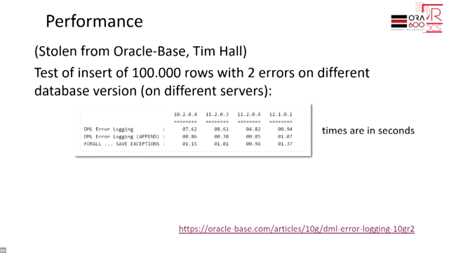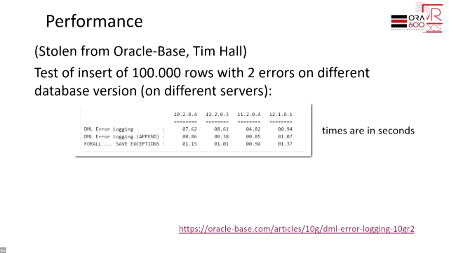This is the performance of it. As it says there, I didn't do this myself. I just stole it from the Oracle Base website. It's the performance of FORALL and the log errors with a direct path insert, and the log errors with a normal insert. As you can see, you can't compare between versions because it's different servers, it's completely different environments.